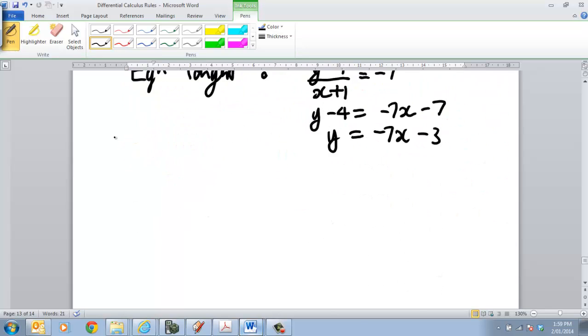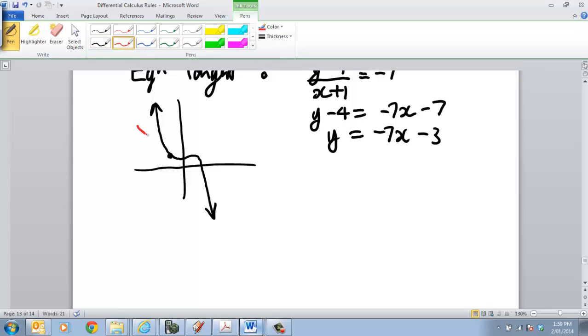Now, if we're thinking very quickly about this sketch over here, what we've done is we've had this thing going like that. And so we've found the equation of the tangent at negative 1, and that's going to come down and cut down here somewhere. Alright, so we know that these 2 points, the equation of the curve and the equation of the tangent, have the same coordinates there, don't they?